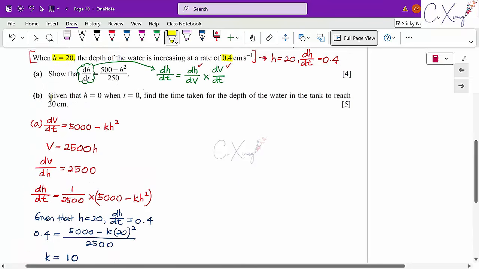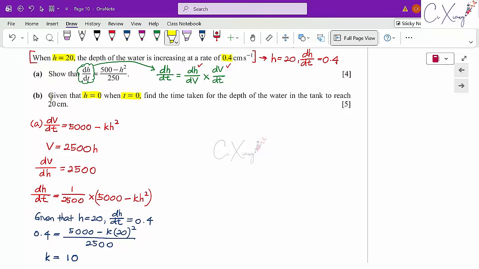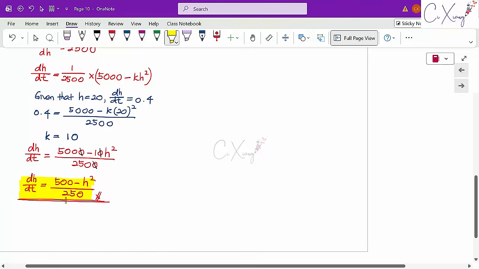Okay, for part B, given that h equals to 0 when t equals to 0, find the time taken for the depth of the water in the tank to reach 20 cm. Okay, so before we can find out the value of t when the h is equal to 20, you actually have to solve this differential equation first.